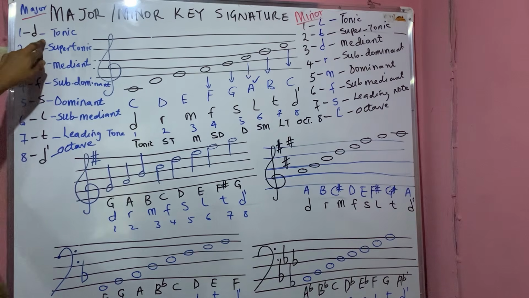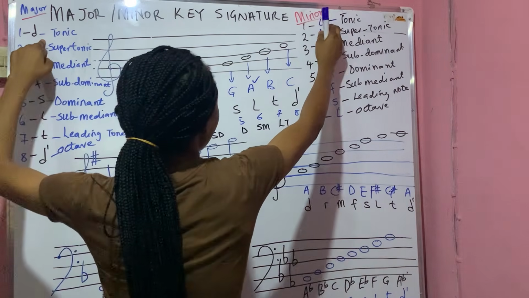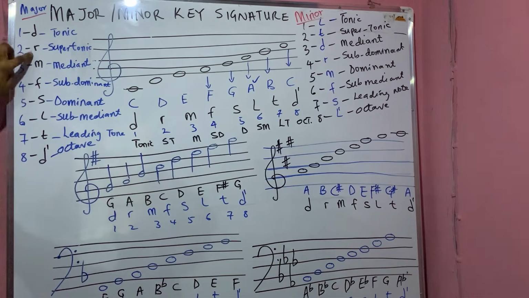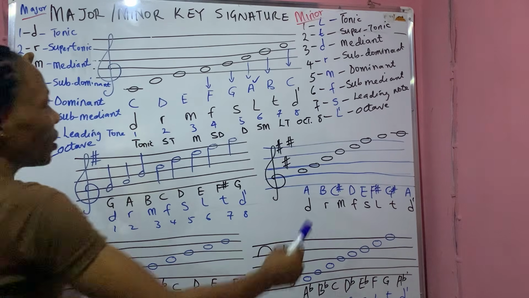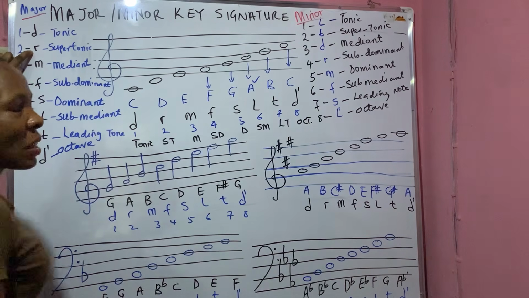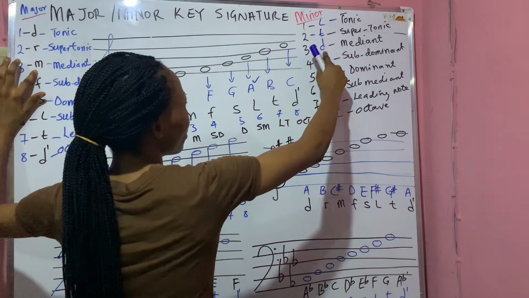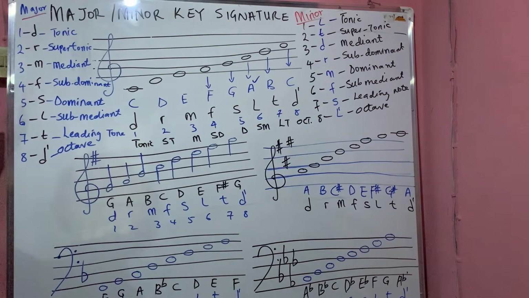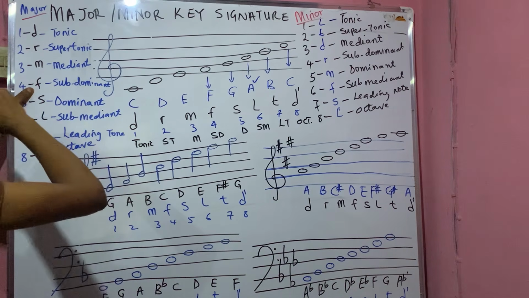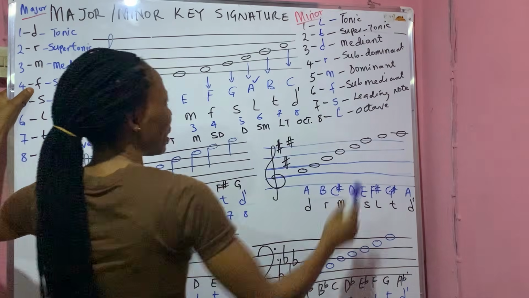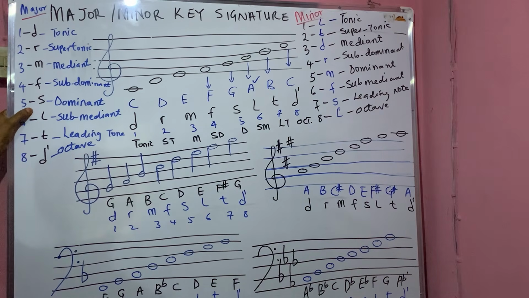This is tonic do in major, tonic la in minor. Re supertonic in major, ti supertonic in minor. Mi mediant in major, do in minor. Fa is the subdominant in major. Re is the subdominant in minor. Sol is the dominant in major.